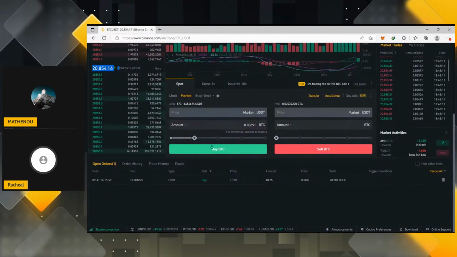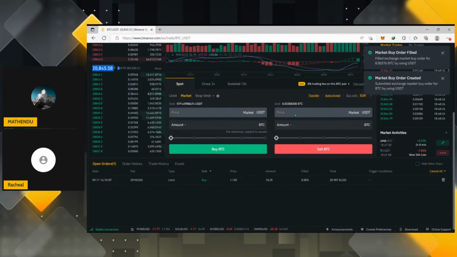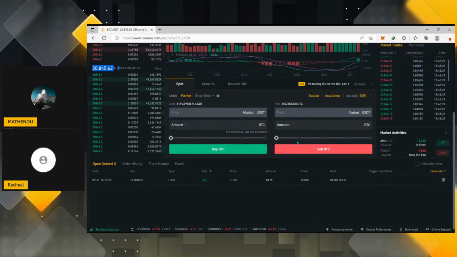So let me reduce to like 10%, and I click buy. You see that market buy order filled. It means that I have bought BTC instantly, just like that. That's what it means to have a market order.